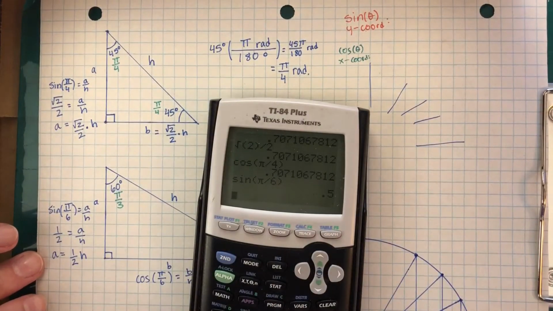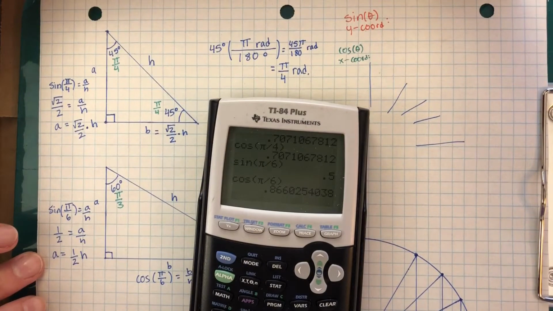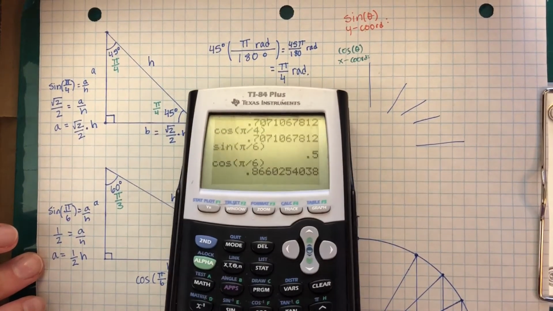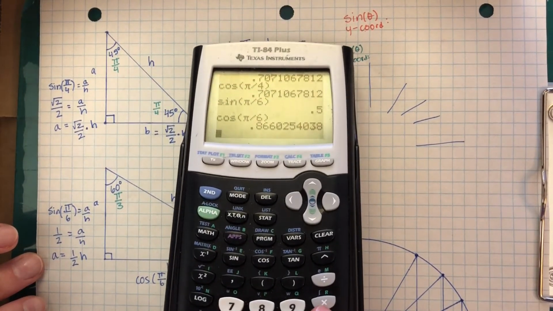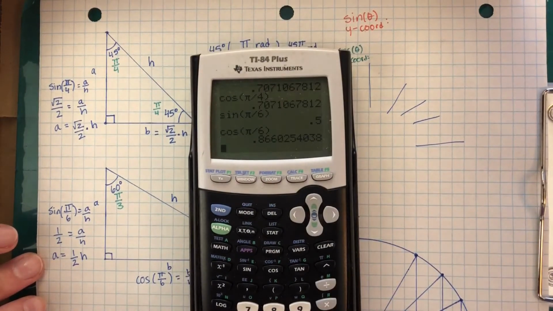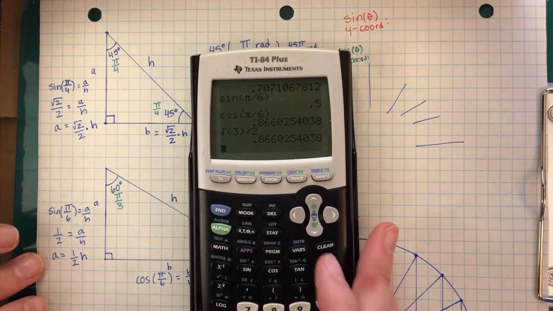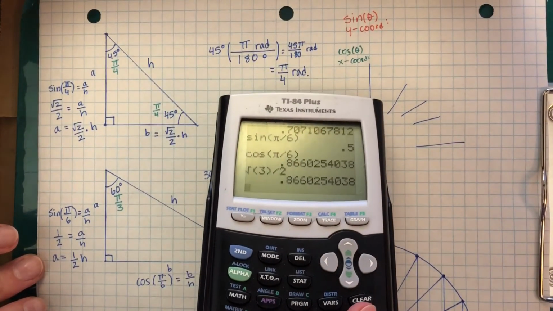Okay, so cosine pi over 6. Again, we have this long irrational number, but this one turns out to be exactly equal to the square root of 3 over 2. You can see that those are exactly equal.